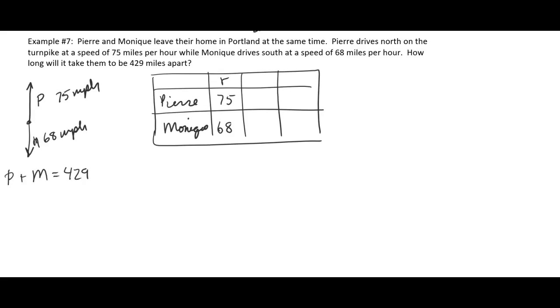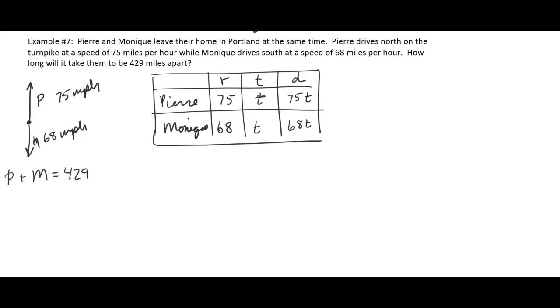What we don't know is the time, but we know they left at the same time, so they're traveling for the same amount of time. I'll just use T for time, and T for time, and the distance. Well, the distance that Pierre goes, 75 times T, because it's rate times time equals distance, and the distance Monique goes is 68 times T.